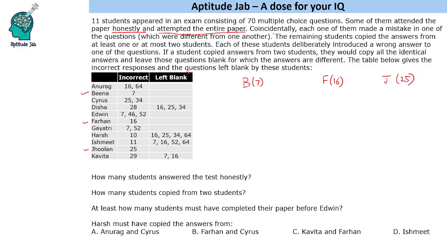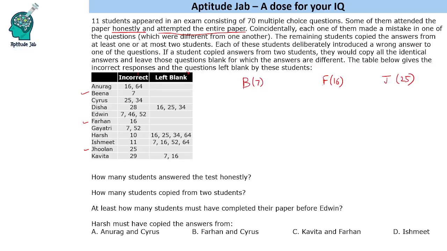It is given that if a student copies from two students, they would leave those questions blank where answers are different. But if someone is copying from one student, the answers will be same, so the person will directly copy all those answers. Now if a person directly copies answers from them, they will not leave any answer blank, because they will assume that whatever is given in their paper is correct, so they will just copy it.